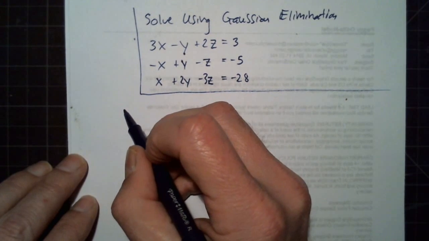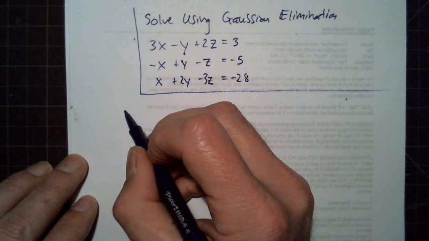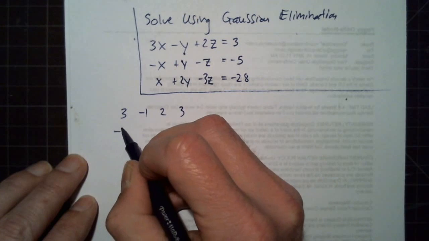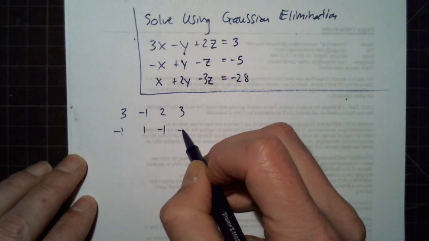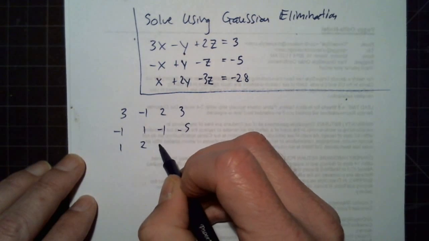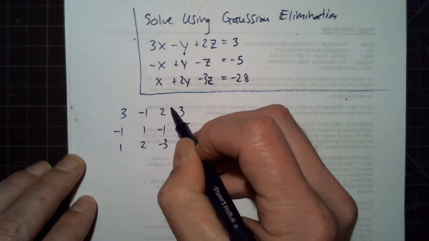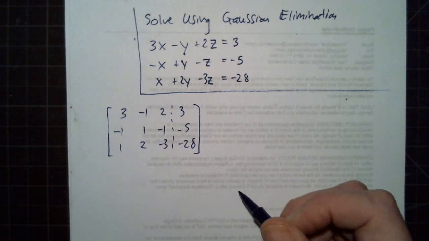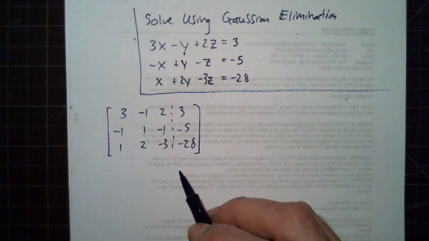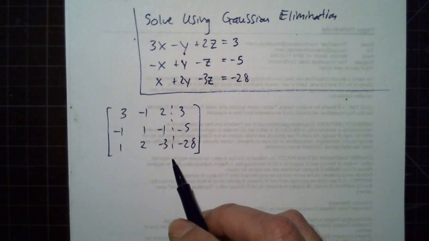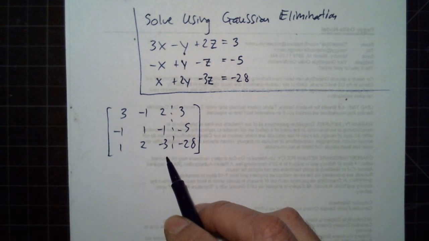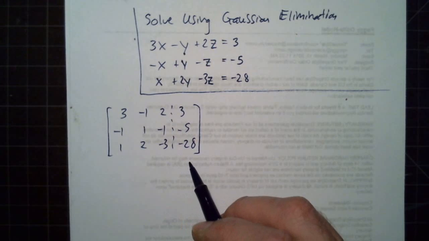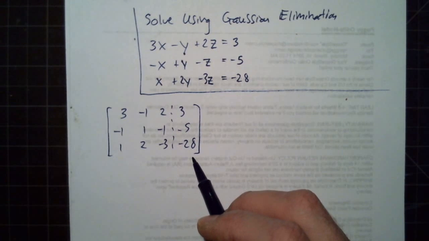Alright, so we're going to write it as an augmented matrix. And yeah, if you make a mistake, you copy it wrong, the whole thing will be wrong, and so you want to be really careful with these.